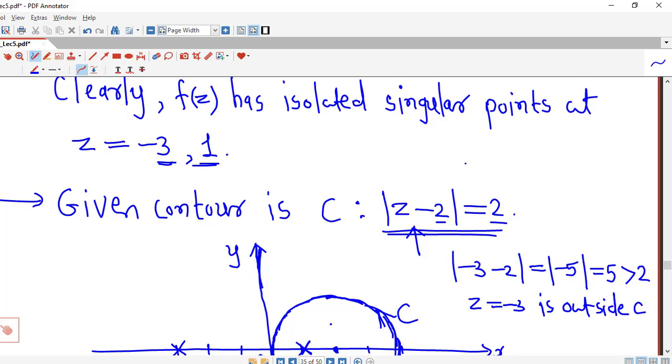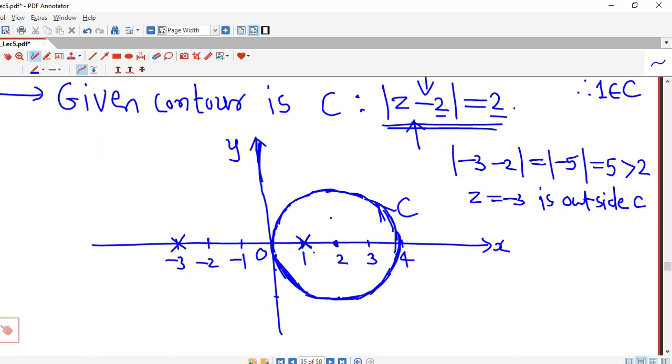Similarly, if you put z equal to 1 here in the left hand side, you will have 1 minus 2, that is minus 1, and modulus is 1, which is less than 2. Therefore, 1 lies inside this simple closed contour C. This is just for understanding that we can see here that 1 lies inside and minus 3 lies outside the circle. Otherwise, you can directly decide by putting value of different z in this representation of given contour.